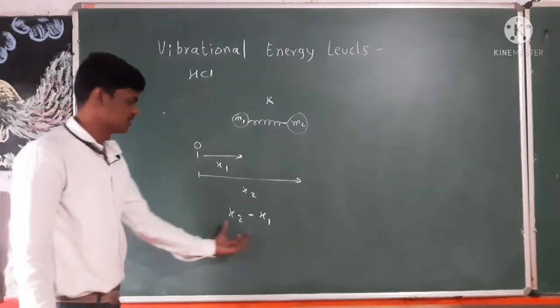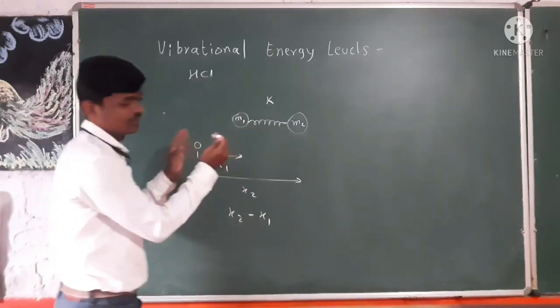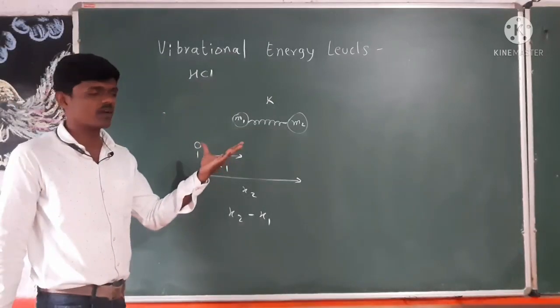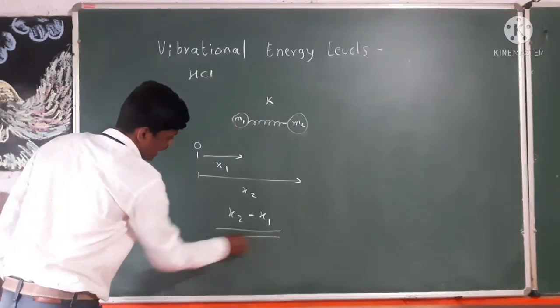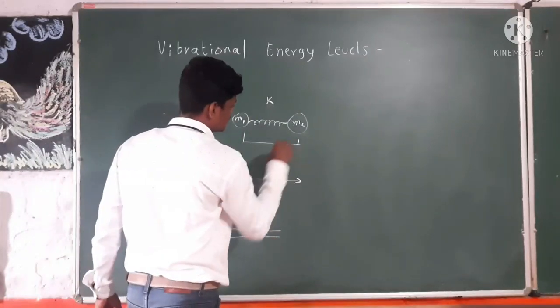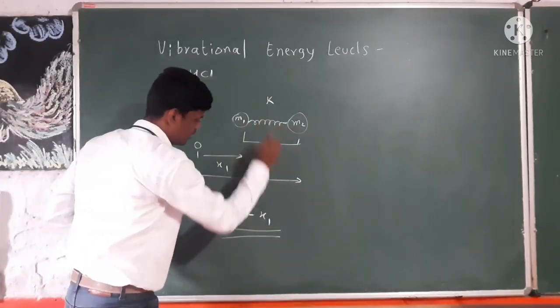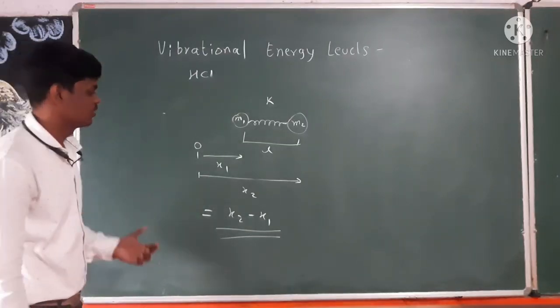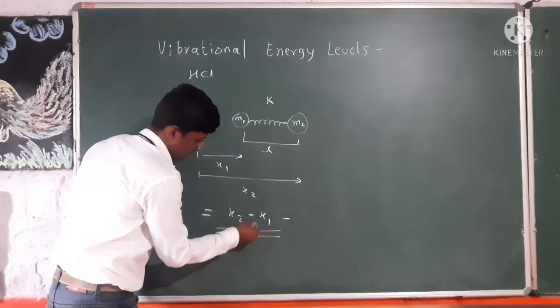Now this distance x2 minus x1 is the distance when the system is in vibration. So it can compress, expand, compress, stretch. And this distance, when the molecule is at rest, will be L. If we want to show a displacement, we need to subtract this one from this.